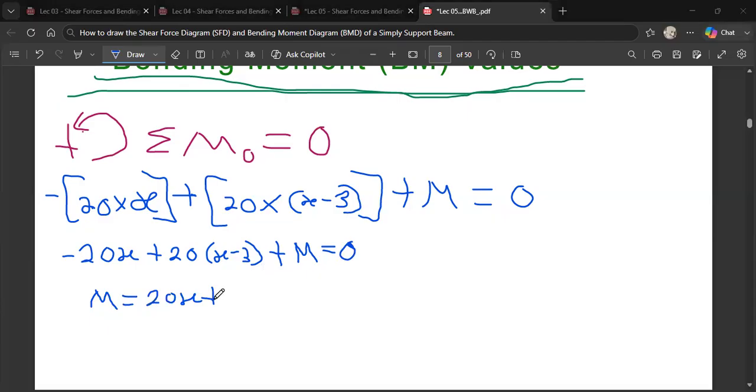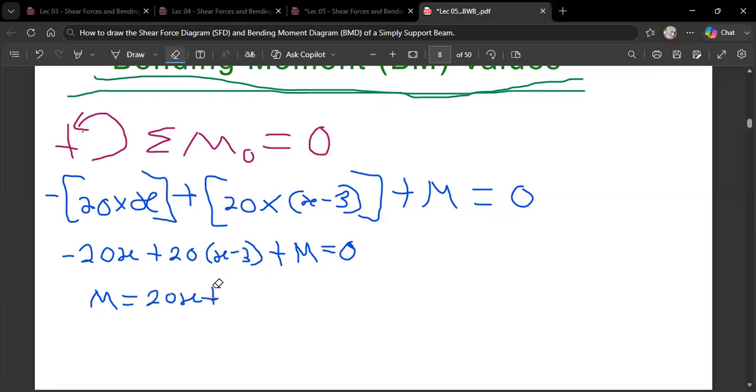Because if it crosses the equal to sign, it's going to be what? Positive. So this one is not going to be plus, but it's going to be minus, okay? Because if this guy is positive here and it crosses the equal to sign, it's going to be negative at the other side. So you see here is going to be minus 20, and then bracket open x minus 3. Okay, as simple as that.